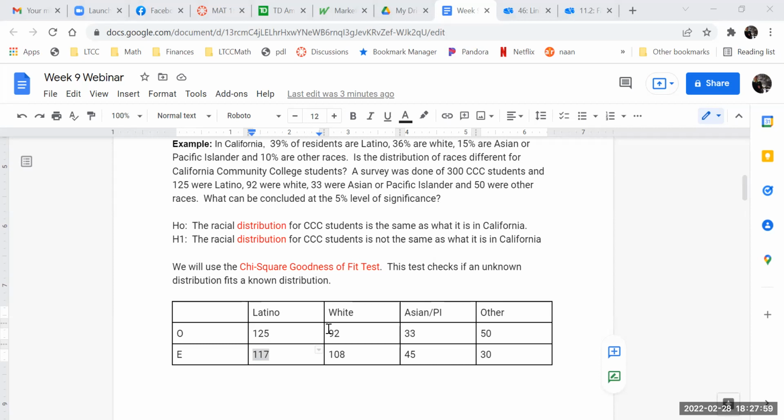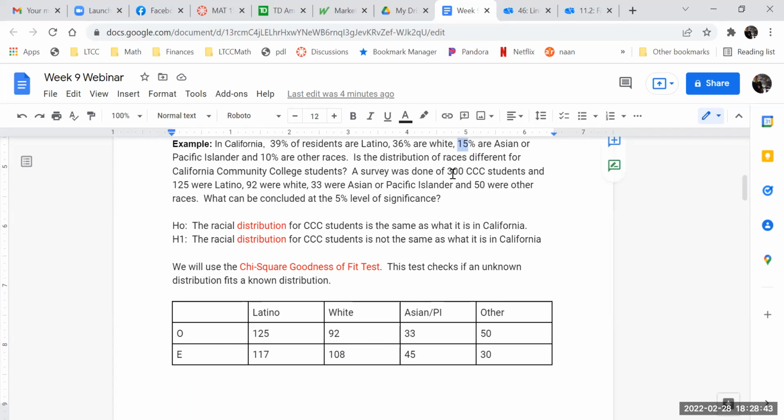Similarly, if I want to find out what the expected for whites are, well, 36% of the California residents are white, and 36% of 300, that's 0.36 times 300. You can pop that into a calculator if you want, and you get 108. Just a note, typically if you get a decimal, you round to the nearest whole number. 15% of California are Asian or Pacific Islander.